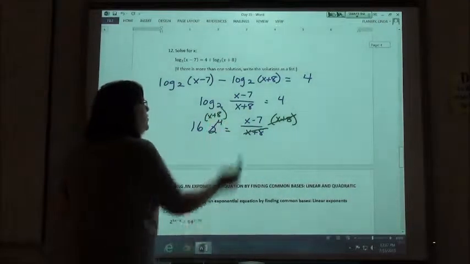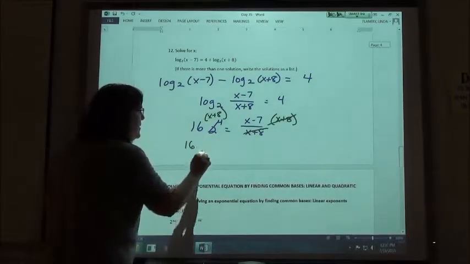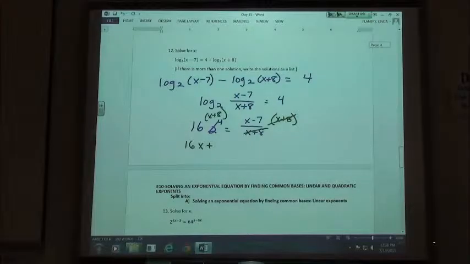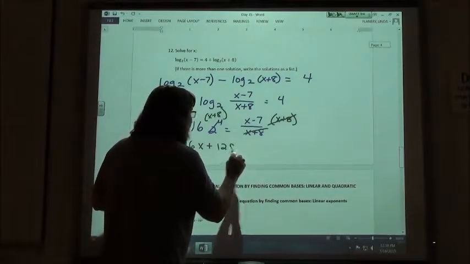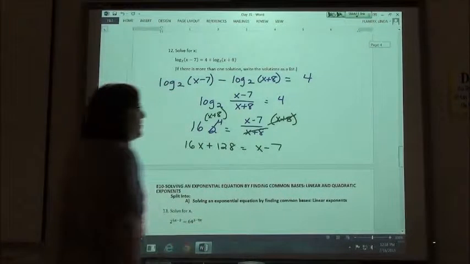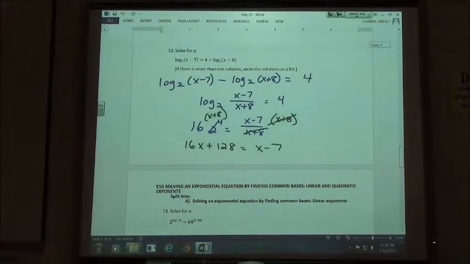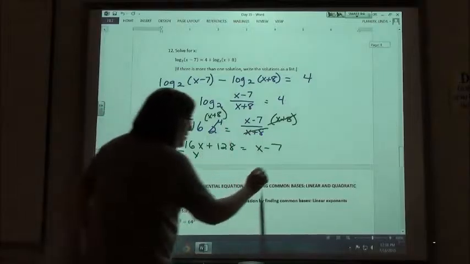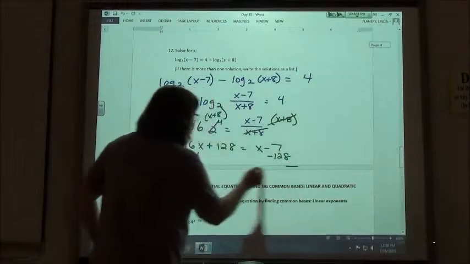So, using my distributive property, 16x plus, what's 16 times 8? 128 equals x minus 7 then, right? So solving that, we've got to minus our x and subtract our negative 128.